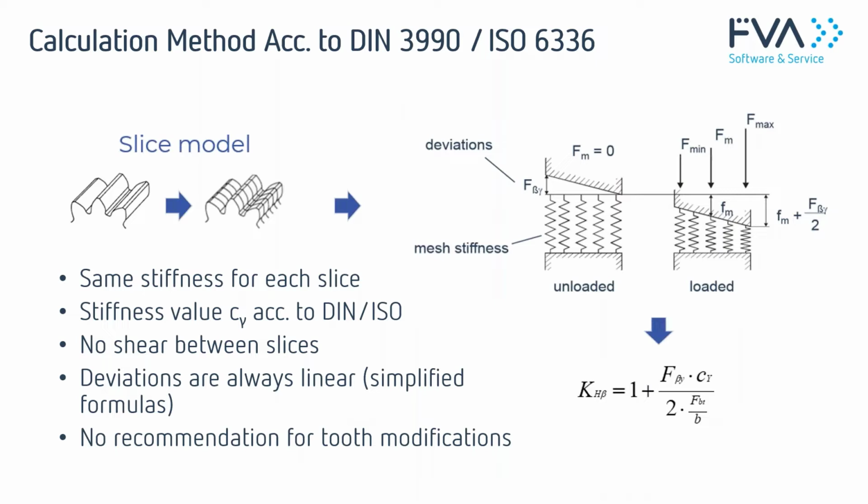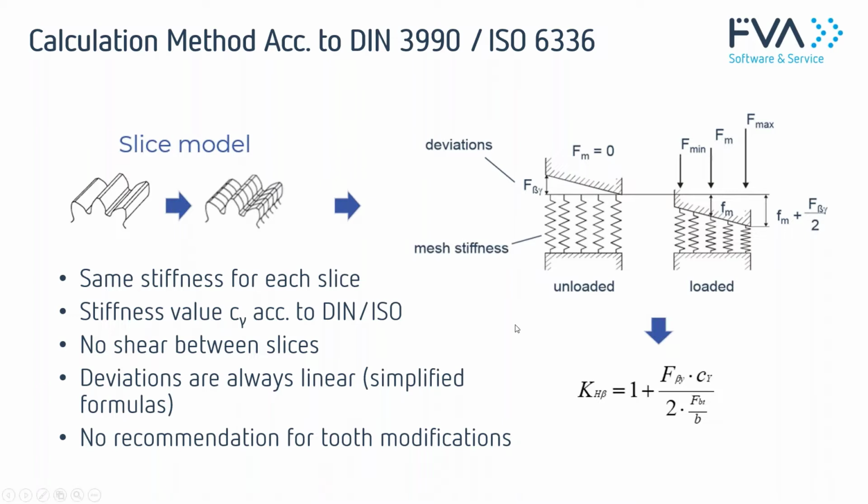Then I have some slides about the calculation methods. So we start with the most simple calculation method. This is the method described in the standards DIN 3990 or ISO 6336. Here the face width is divided into different slices, and the slices along the face width are represented by springs, and the spring stiffness is calculated also according to the standard.